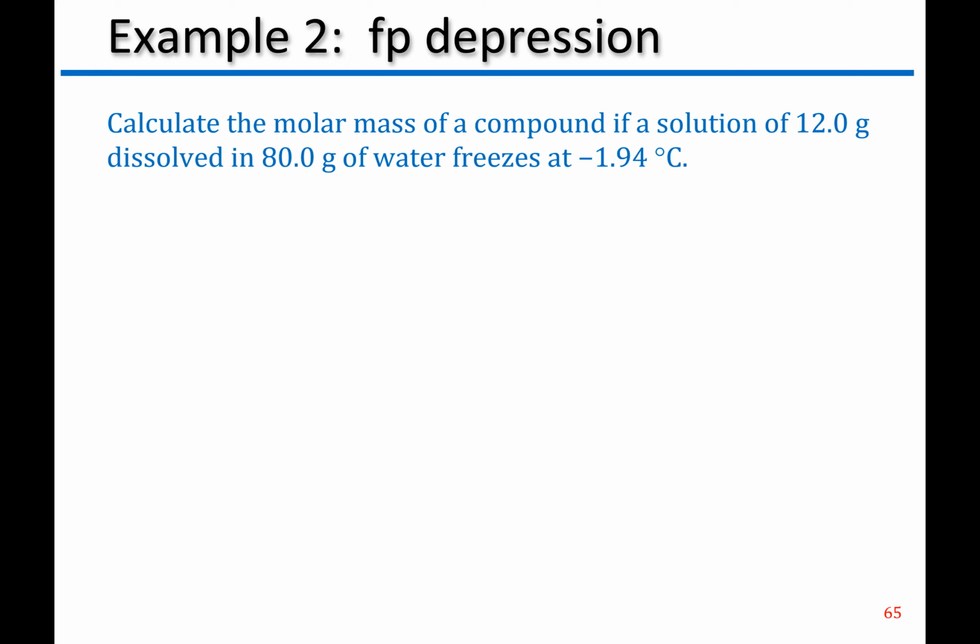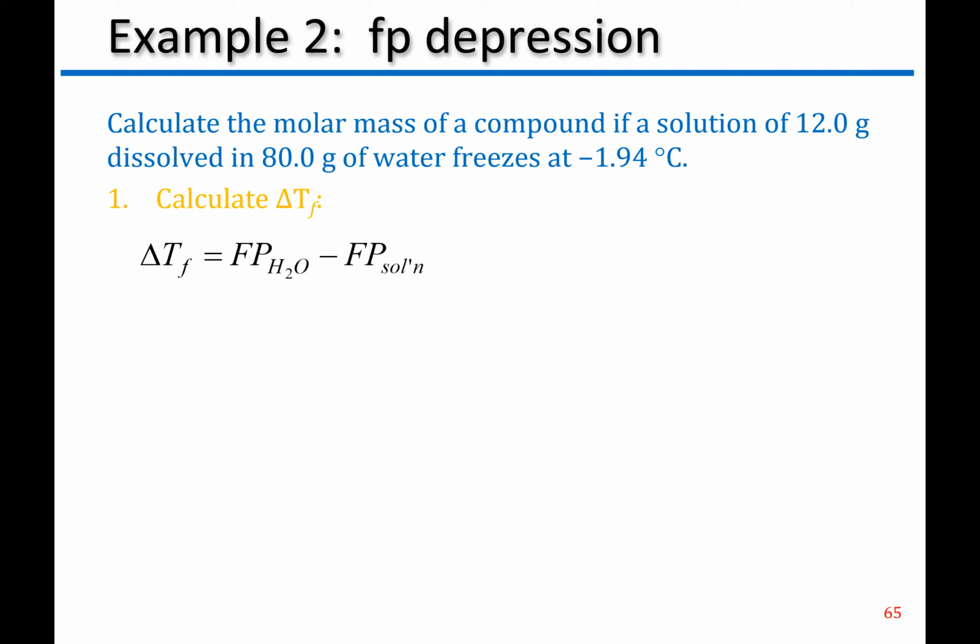So this is essentially working the problem in reverse. Okay, so how can we do this? Well, the first thing we have to do is we have to figure out what is our delta T. Okay, so remember that delta T will be equal to the freezing point minus the freezing point of the solution.